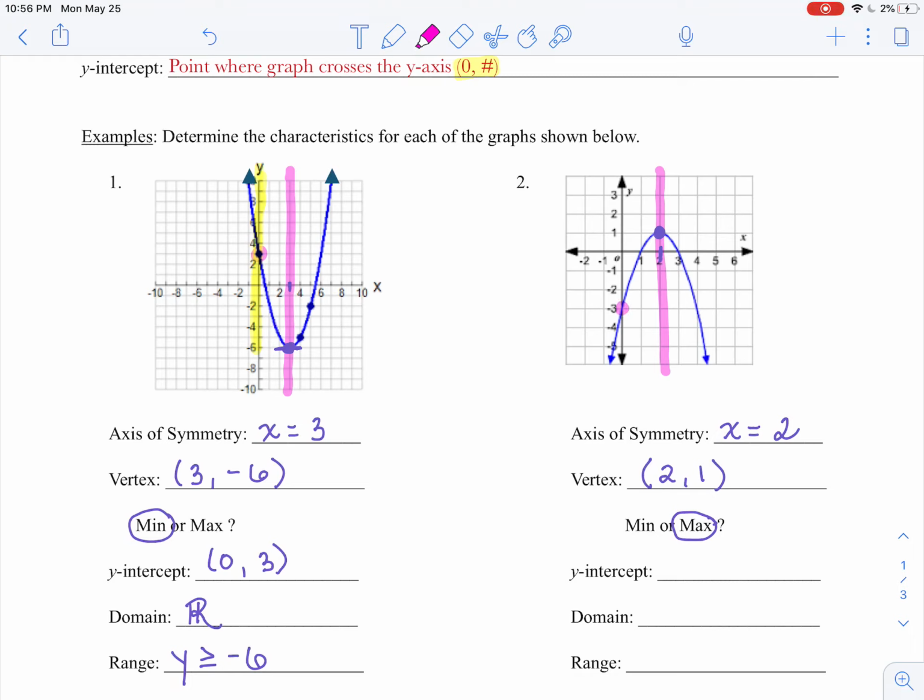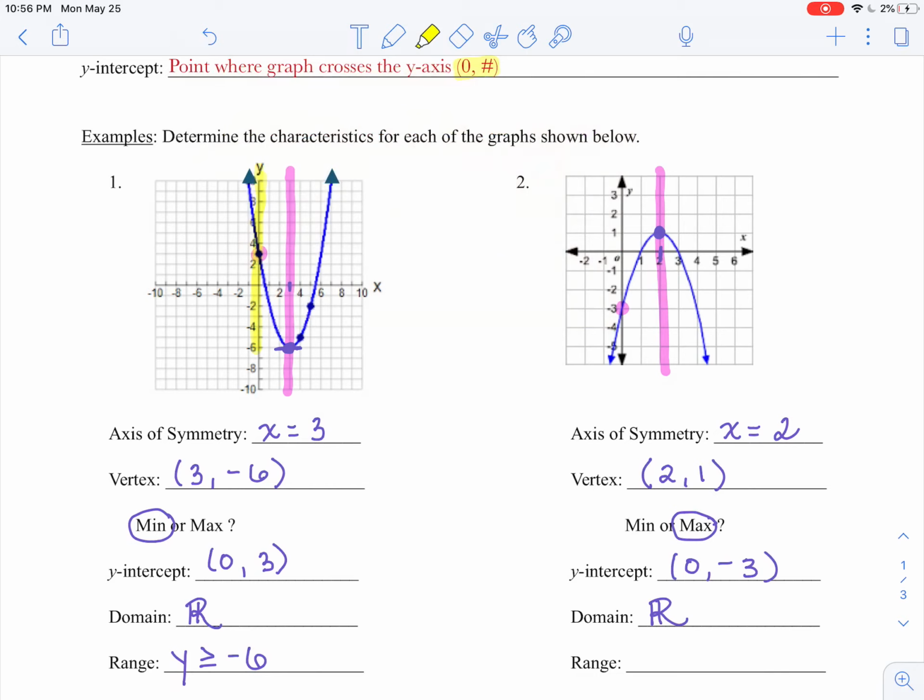Our y-intercept, where the graph crosses over the y-axis, is here. The x value is always 0, and this graph crosses the y-axis at -3. Domain for every parabola is always going to be all real numbers. We could plug in any x value we want.